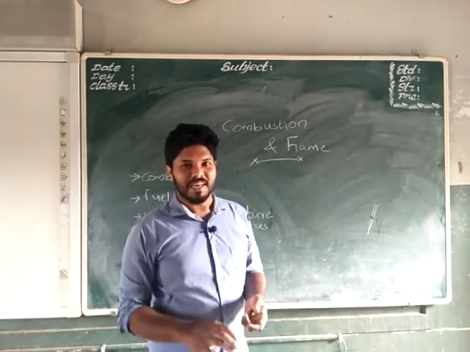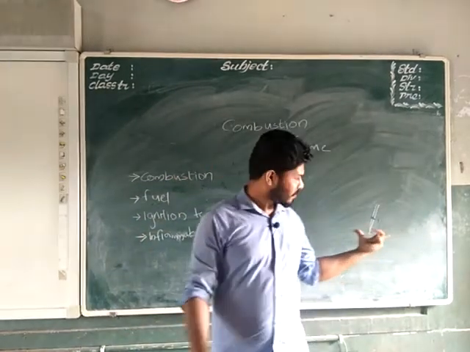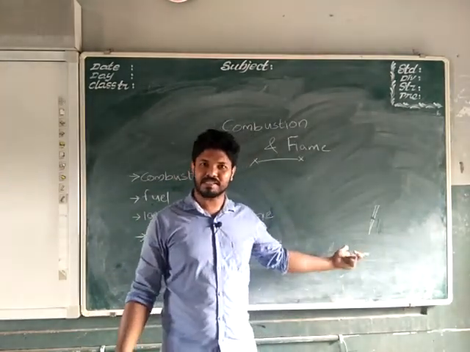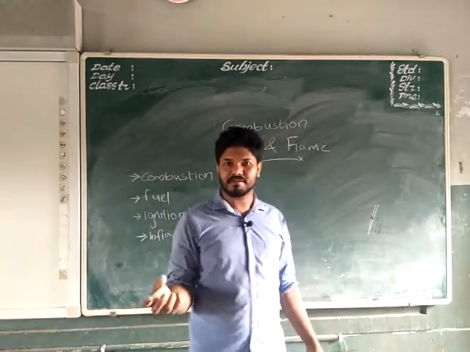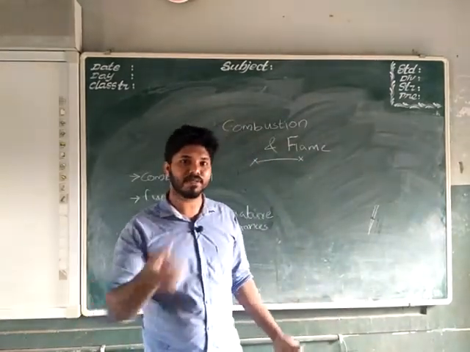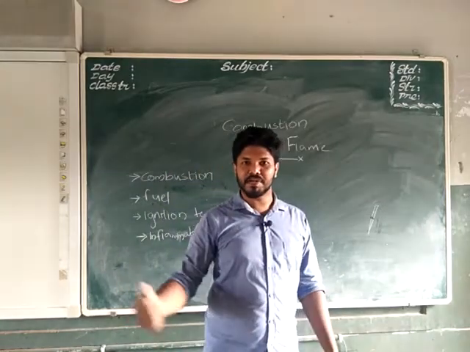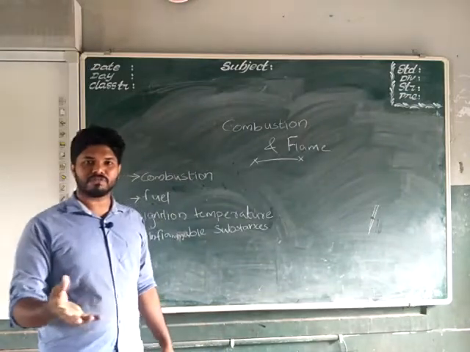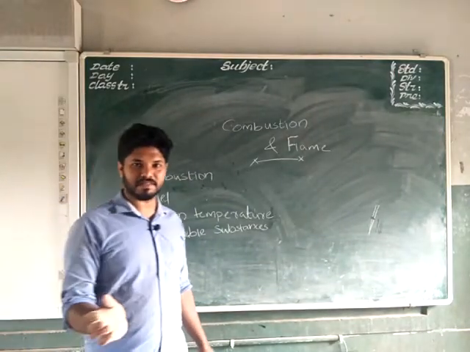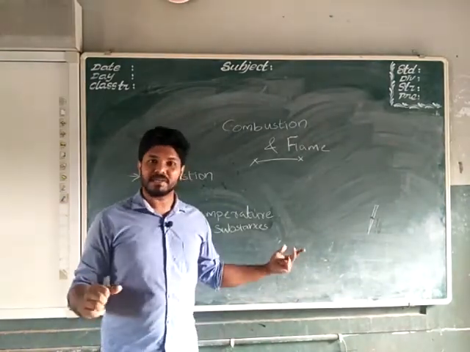So when we burn wood, we get carbon as a byproduct, a thick black colored thing, and also ash. If you are burning paper, there will be ash, almost white and grey mixed colors. So that is the byproduct in combustion.